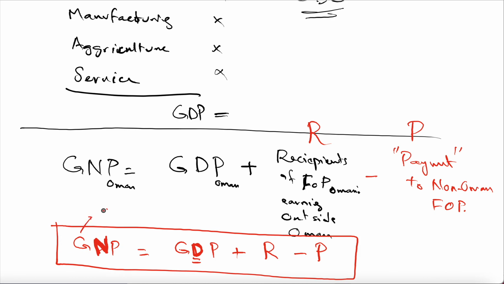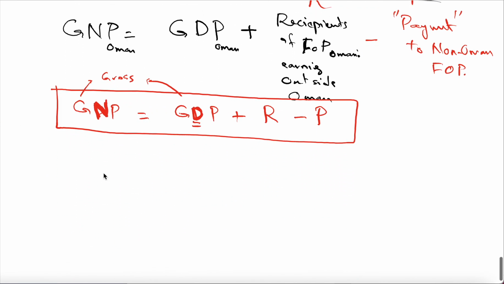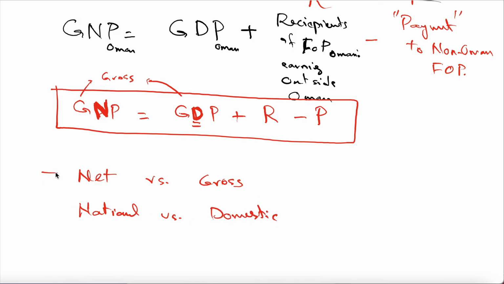So this is gross, and this is also gross. And later we're going to make a distinction between net versus gross. Okay, so we did make the distinction between national versus domestic.